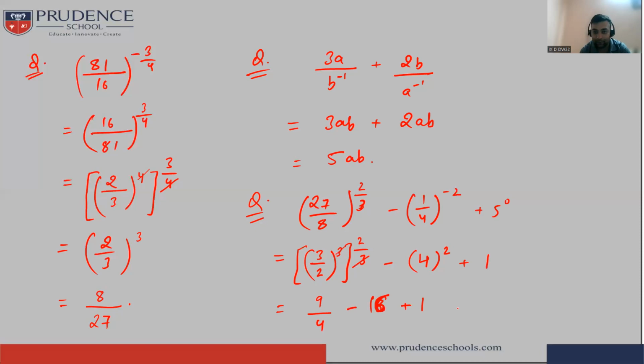And you will get 9 upon 4 minus 15 and 9 minus 60 upon 4. That is equal to minus 51 upon 4. So this will be the answer. Right? Now let's move to the next type of question.